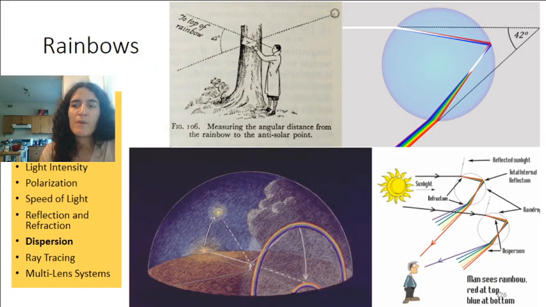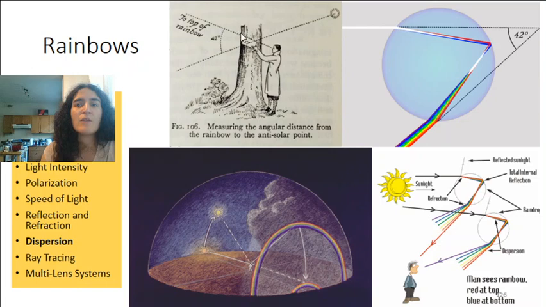These are some more pictures of what's happening in a rainbow. This diagram shows how you could figure out the angle of the rainbow. You have sunlight coming from behind you, and you put a pencil up against a piece of paper. You could use that to measure the angle of the light coming in, because it would cast a shadow on the paper in the direction of that light.